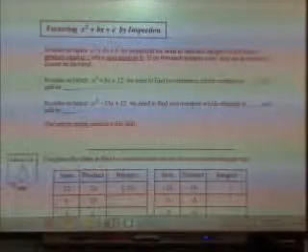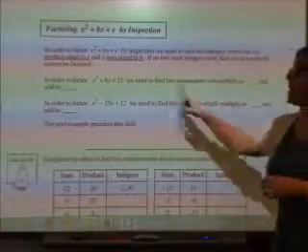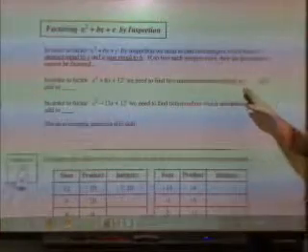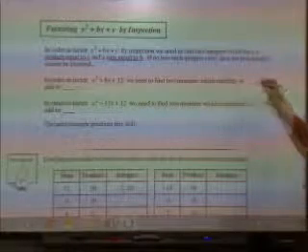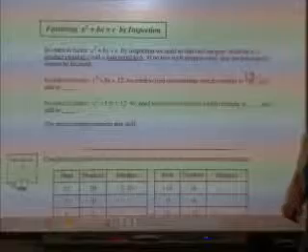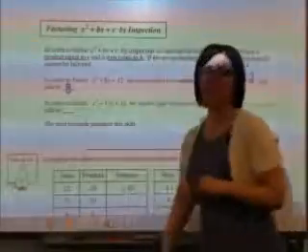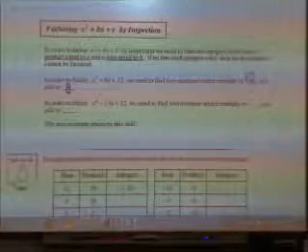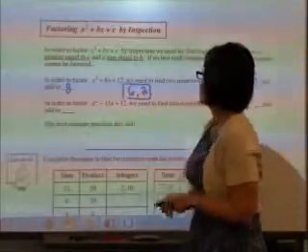So in order to factor x squared plus 8x plus 12, I need to find two numbers that multiply out to 12 and add to 8. Can you think of two numbers that multiply to 12 and add to 8? 6 and 2. Okay.